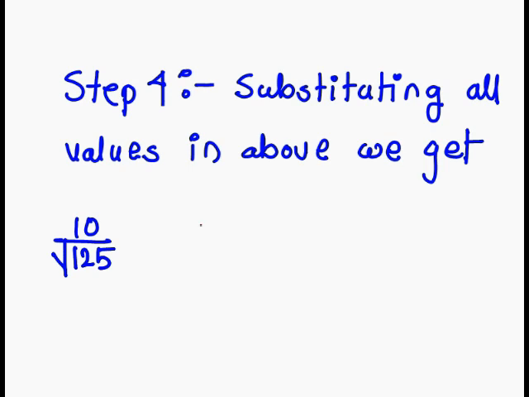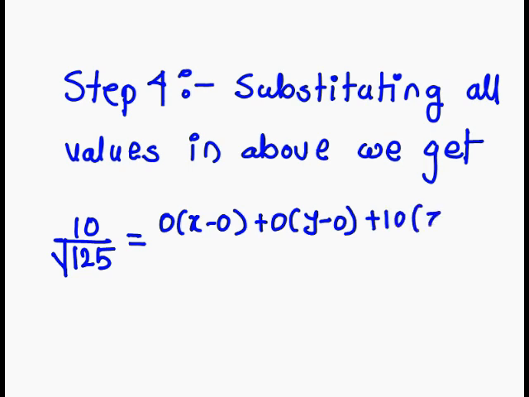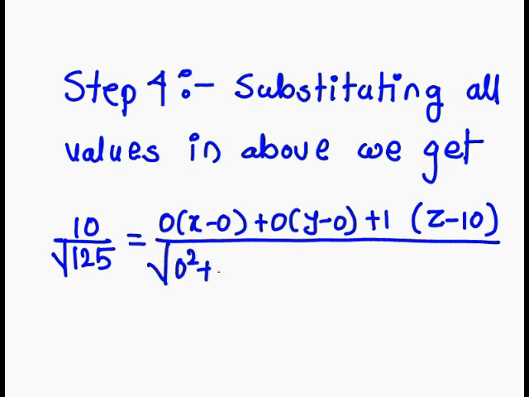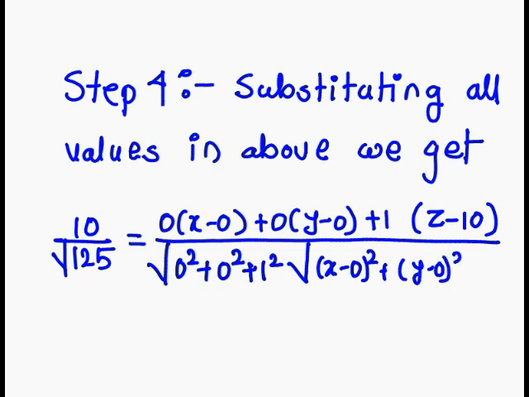So by substituting the value of cos theta, here we get 10 upon square root of 125 is equal to, substituting the values of a, b, c and alpha, beta, gamma, 0 into x minus 0 plus 0 into y minus 0 plus 1 into z minus 10, divided by square root of 0 square plus 0 square plus 1 square, multiplied by the square root of x minus 0 square plus y minus 0 square plus z minus 10 square.